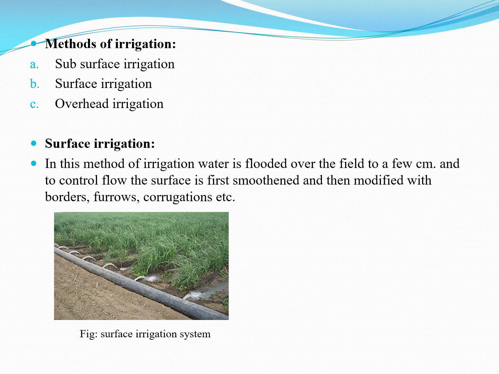And furrows are long narrow trenches which may be dug into the ground or field. And the corrugations are also small furrows. So the surface is first smoothened and then modified with the borders, furrows and corrugations.